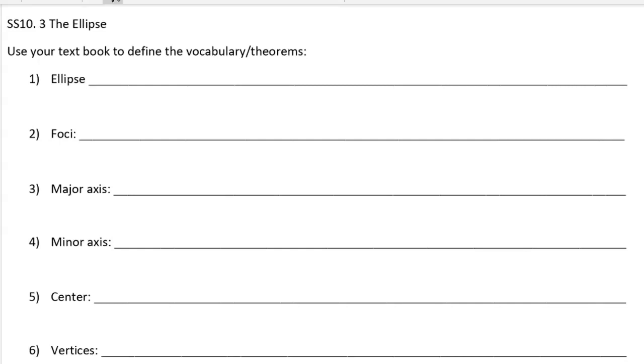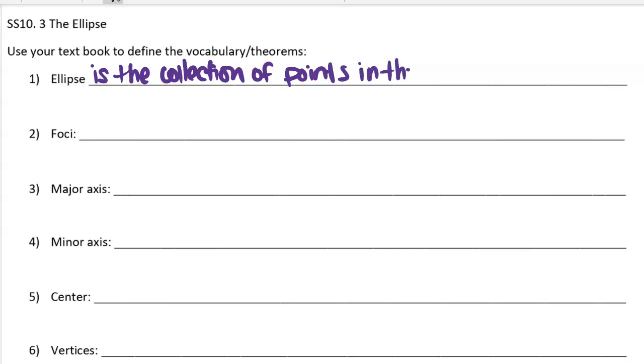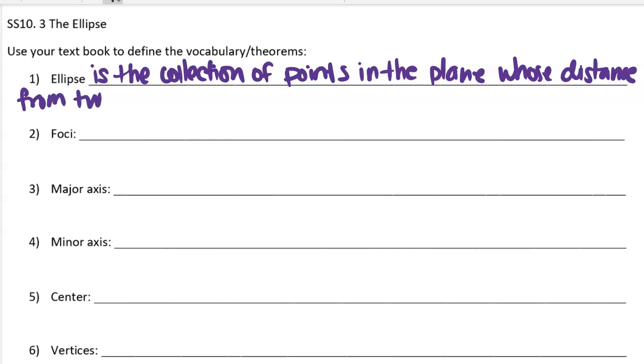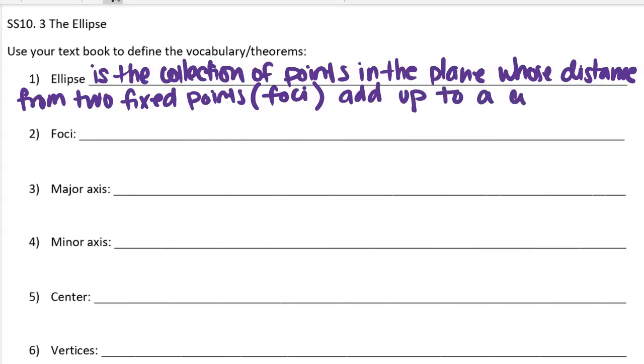Okay. So an ellipse is the collection of points in the plane whose distance from two fixed points, those are called foci, add up to a constant.